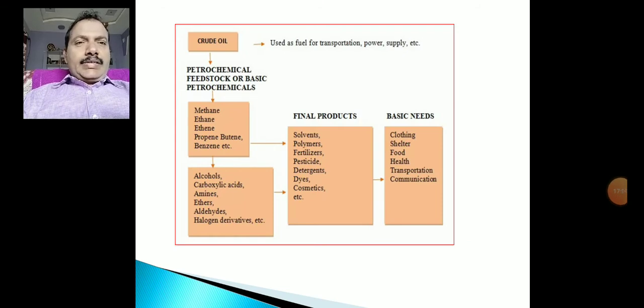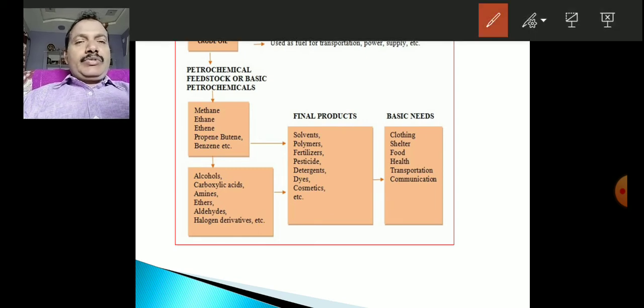And let us see here, the crude oil is used as a fuel for transportation, power generation, and power supply. Observe here that the crude oil is processed and the output after refining.